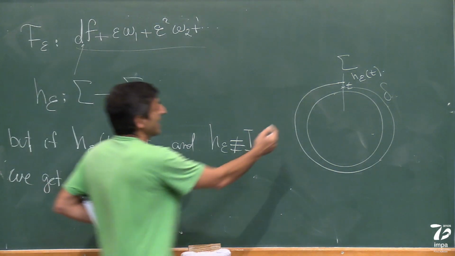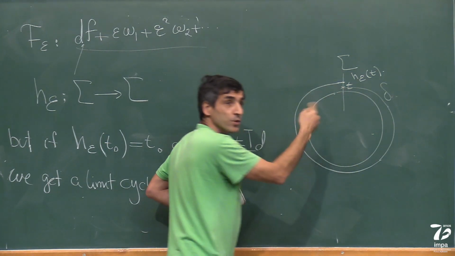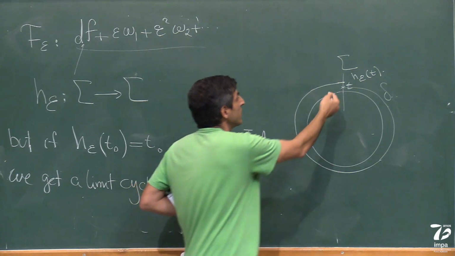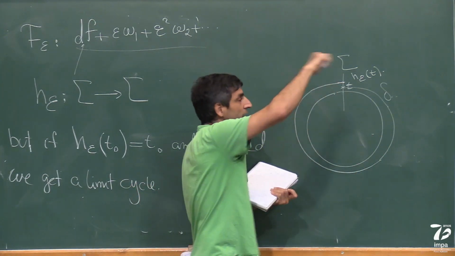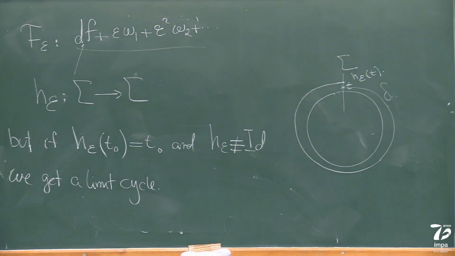But the point is that if for at least one value this orbit closes, and for other values it doesn't close, this means that you will have a closed orbit such that the others are winding around this closed trajectory, like the one in the poster. So at the end, the fixed points of the perturbed holonomy control the number of closed orbits, or limit cycles in our context.